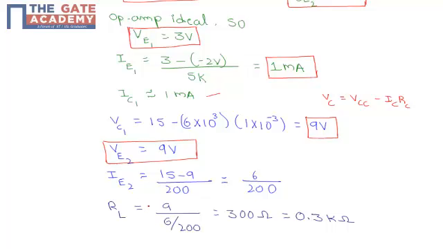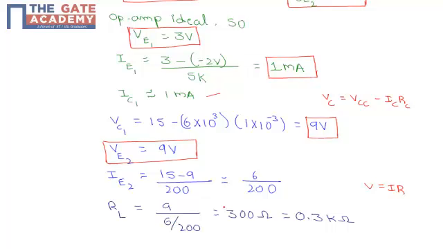We know the general formula: voltage is equal to current into resistance. So RL is equal to V by I. RL is equal to 9 divided by 6 by 200.